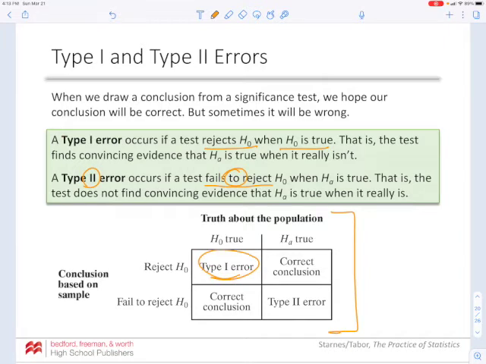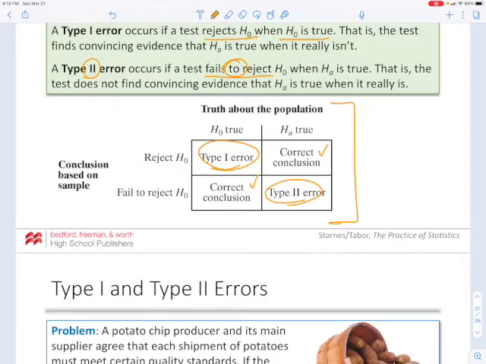Reject the null hypothesis and the alternative is true, that's correct. We should have rejected. If we fail to reject the claim and the claim is true, that's correct. We got a large p-value. It's supposed to happen, so the claim is true. If we fail to reject the null hypothesis, but the alternative is actually true, that's your type 2 error.